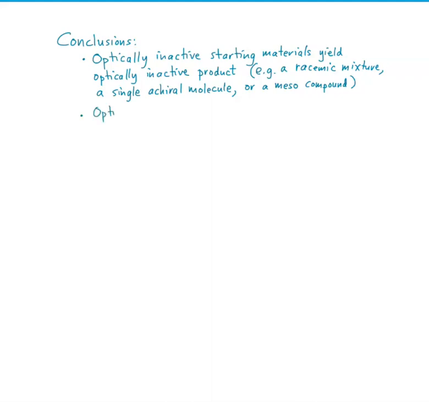Now, by contrast, optically active starting materials are going to give us optically active product. Now, what is that going to look like? Okay, what we saw in the previous example was a mixture of diastereomers.